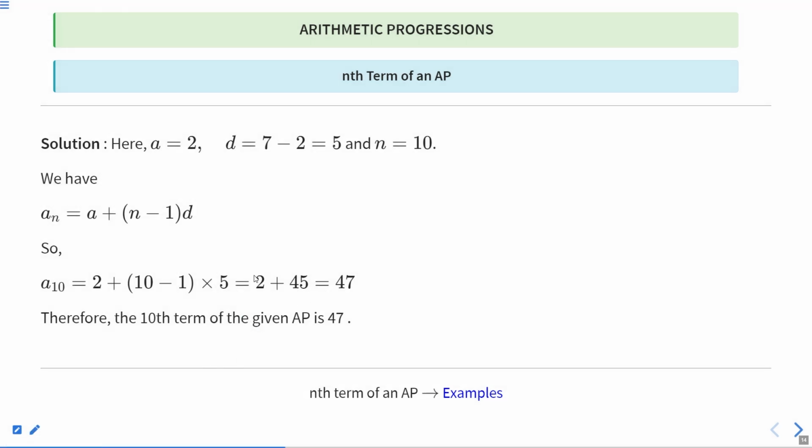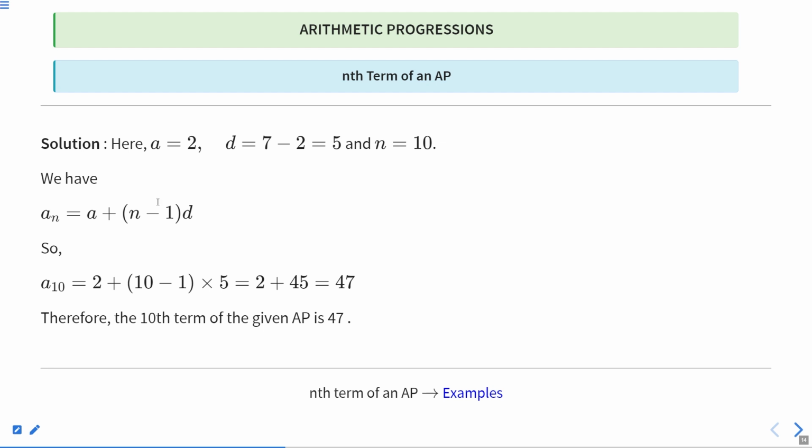If we add this, we get 47. Therefore the 10th term of the given AP is 47. Basically here we used the formula an equals a plus n minus 1 times d.